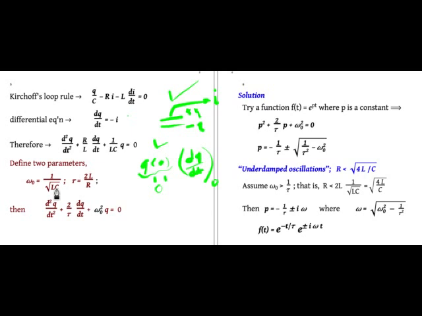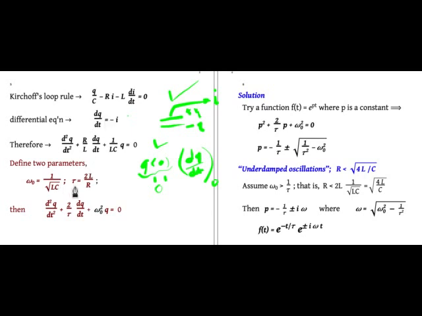That's the angular frequency for the LC circuit with R equals 0. So I'll call that omega 0. It corresponds to the case where R is 0. But anyway, it's just a definition of a parameter with units radians per second.